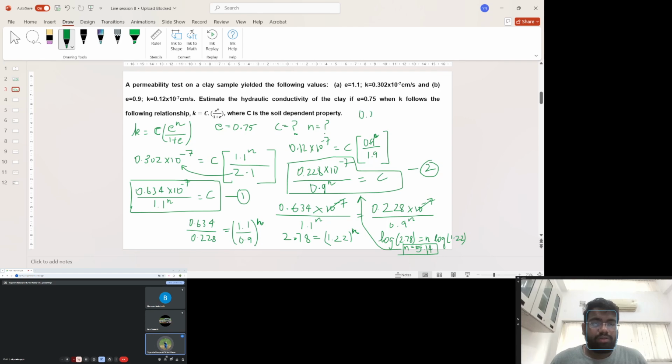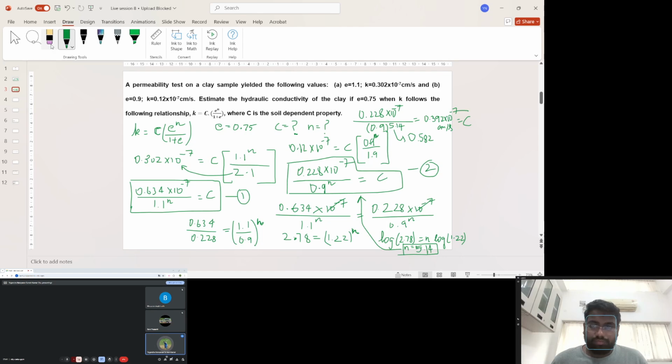So that will give us 0.228 into 10 power minus 7 divided by 0.9 power 5.14, that is, 0.9 power 5.14 gives us a value of 0.582. 0.228 divided by 0.582 amounts to 0.392 into 10 power minus 7 centimeter per second. So this is the value of C.